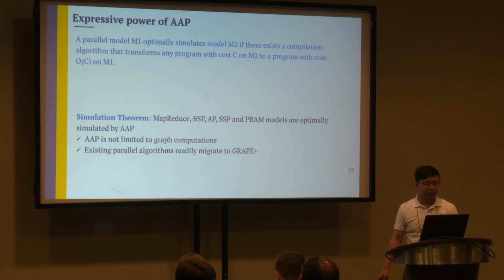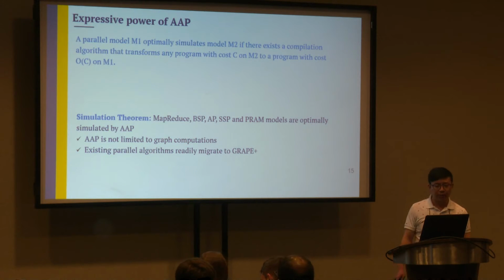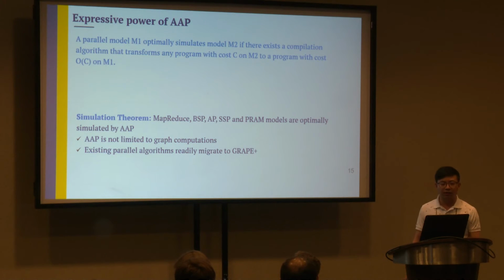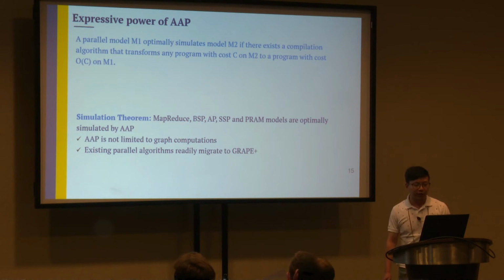Next, let's see the expressive power of AAP. We say a parallel model M1 optimally simulates model M2 if there exists a compilation algorithm that transforms any program with cost C on M2 to a program with cost O(C) on M1. We proposed and proved a simulation theorem.